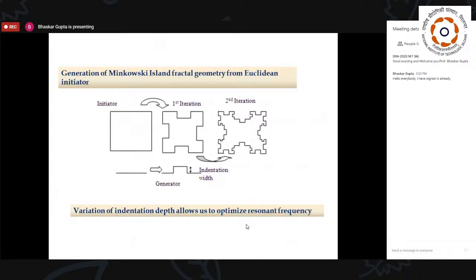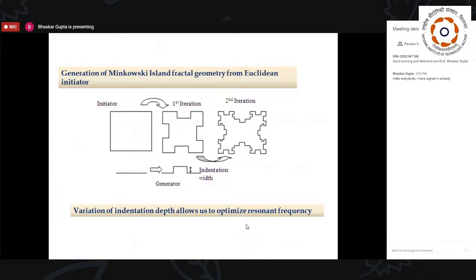The initiator shape here for the particular fractal known as the Minkowski Island fractal was a simple rectangle. From there, you remove some rectangular areas to get a first iteration as shown. In the second iteration, you repeat this process in whatever is left with you. So you see, you get the second iteration.